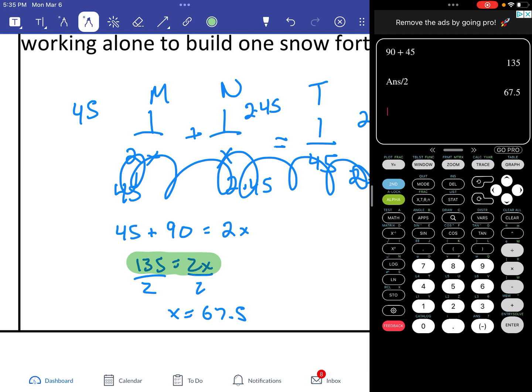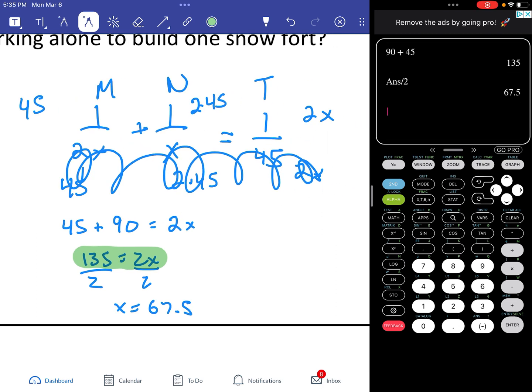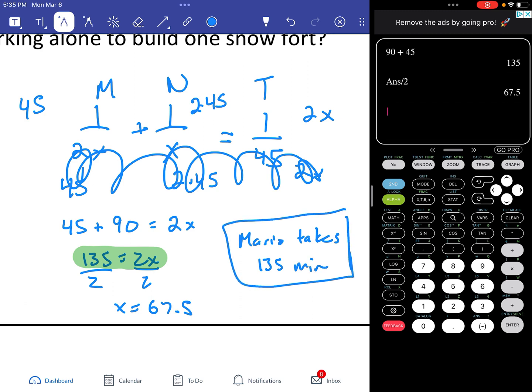So it takes Mario 135 minutes. Okay. So in this case, you don't really need to solve for x because we're looking for Mario's time. Nikki's time is 67.5, which means Mario is twice as long at 135.